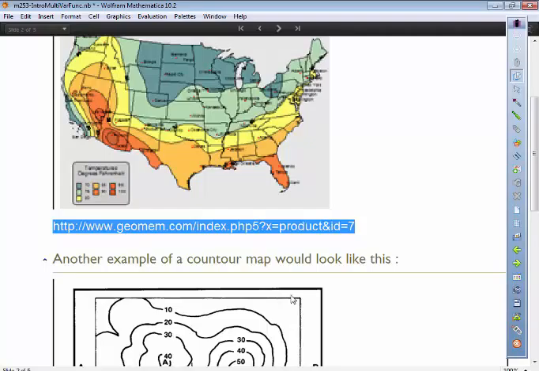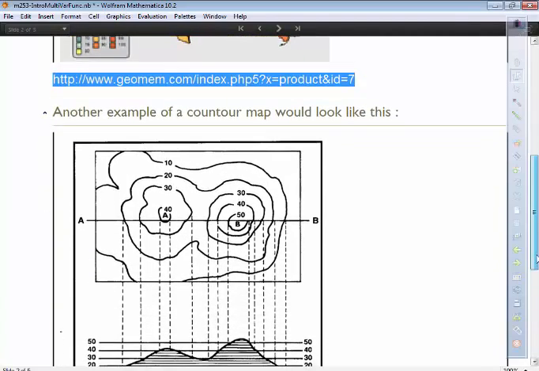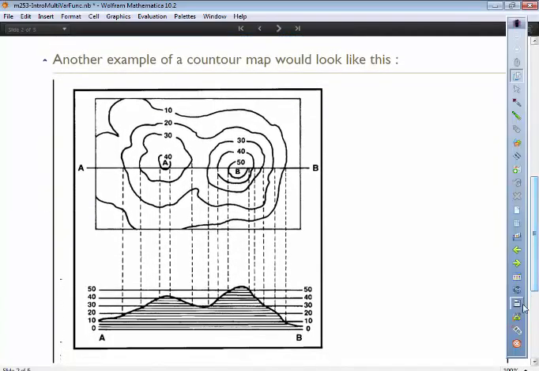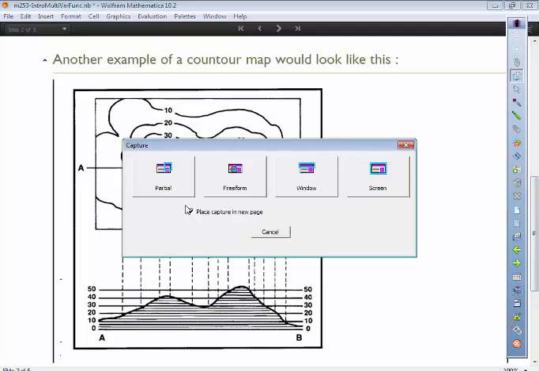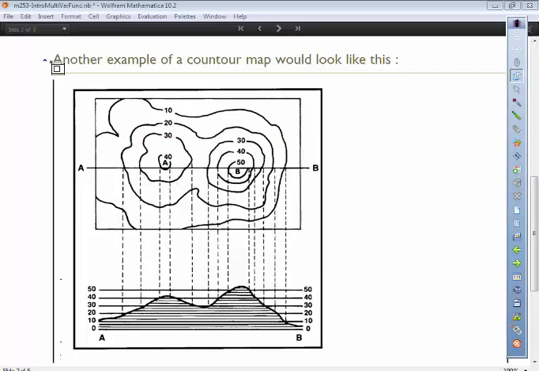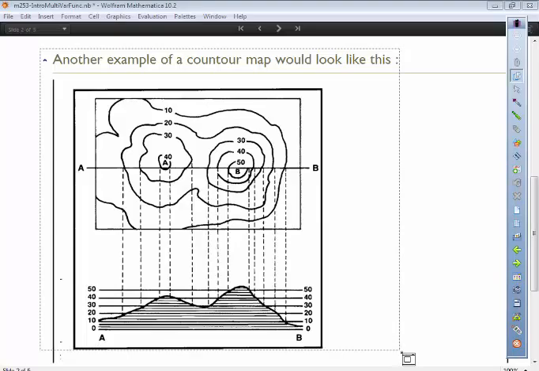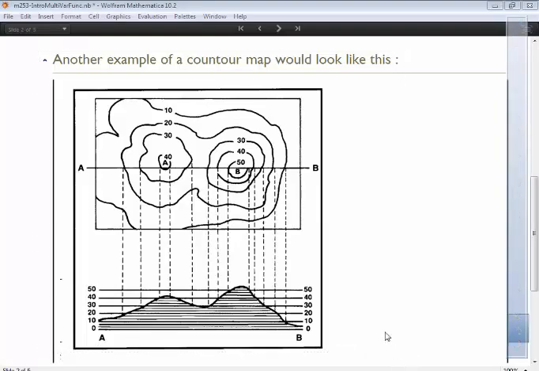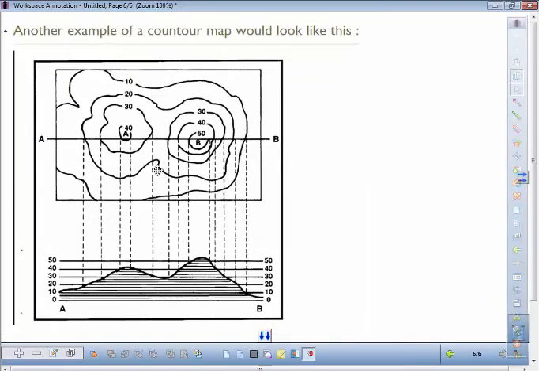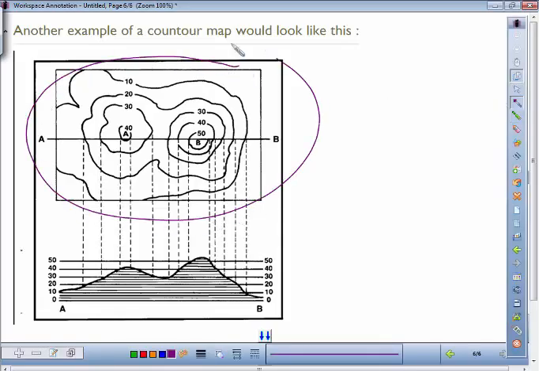What's this contour map? Oh, here's another contour map. Have you guys seen something like this before? You sometimes don't see the bottom picture. If you look at a contour map, like an actual map, you tend to just see the top picture. This is your contour map.